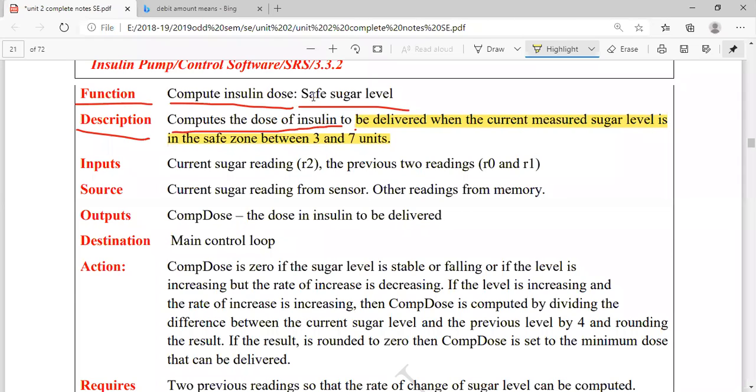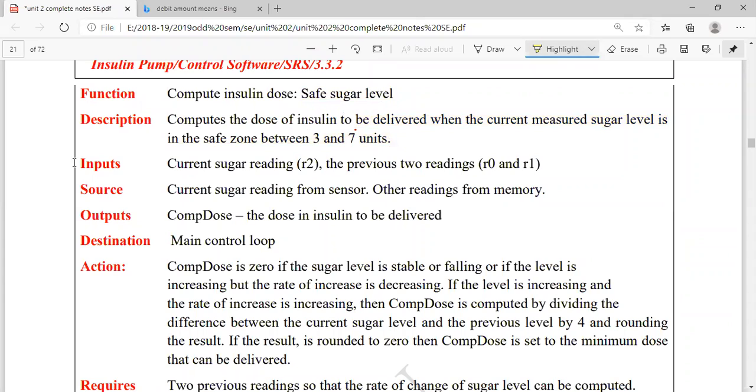All right. Safe sugar level is the sugar level which is between 3 and 7 units. It means this is our safe zone, 3 and 7 units of dosage. We can only give a dosage at a time of 3 to 7 units. So this is the dosage capacity. You can only give that amount of dose.